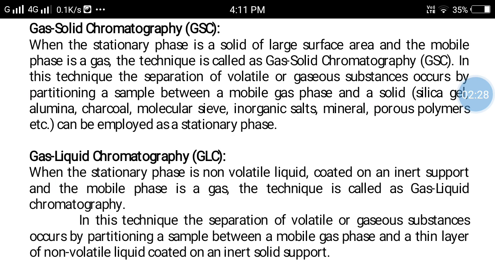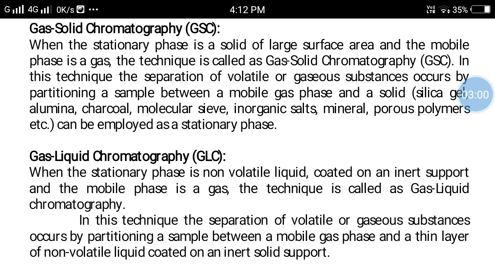This technique is called gas solid chromatography or GSC. Here, a sample is separated between the mobile gas phase and the solid stationary phase. Generally, the solid stationary phases used are silica gel, alumina, charcoal, molecular sieve, inorganic salts, minerals, porous polymers, etc.